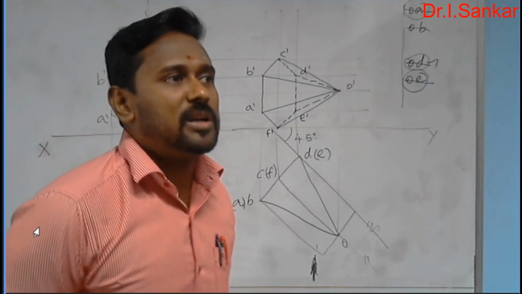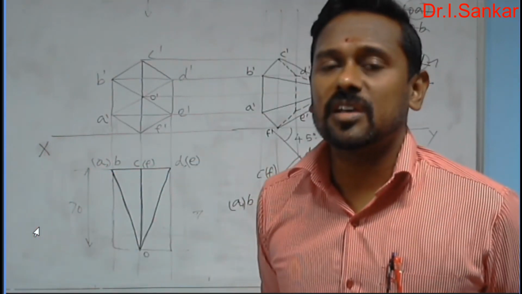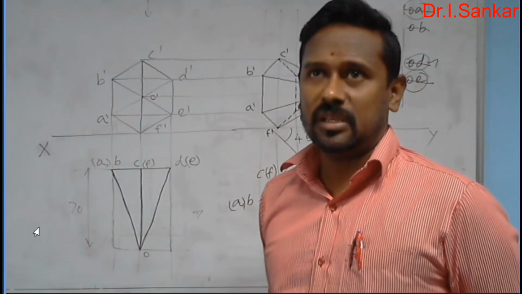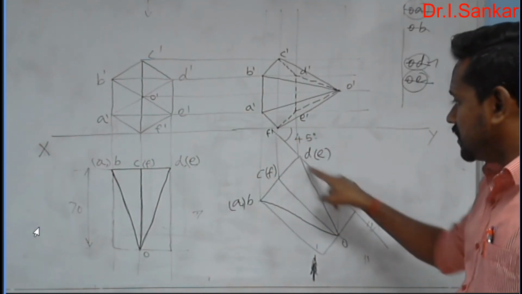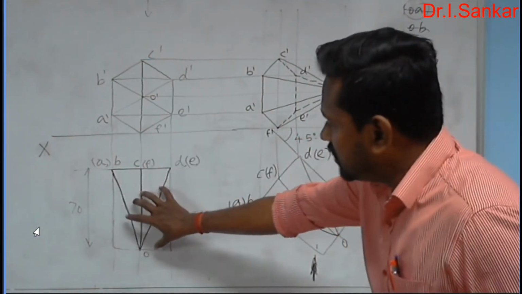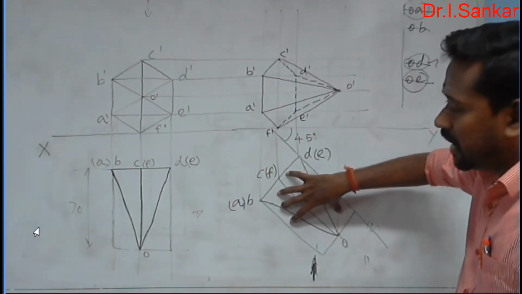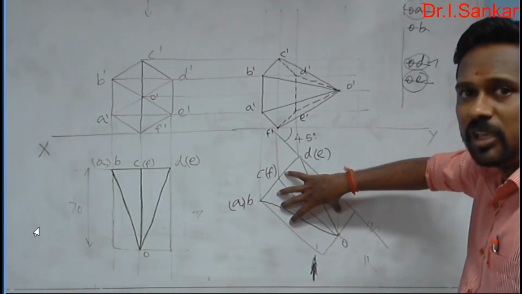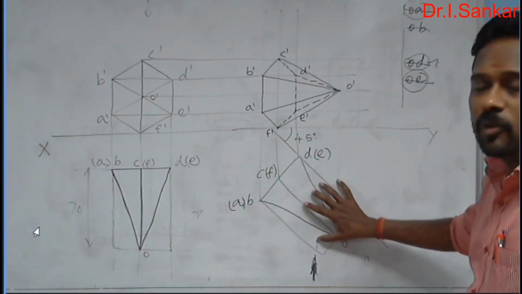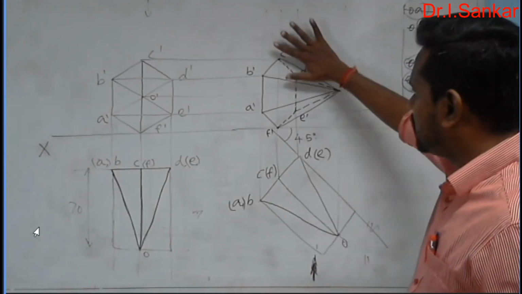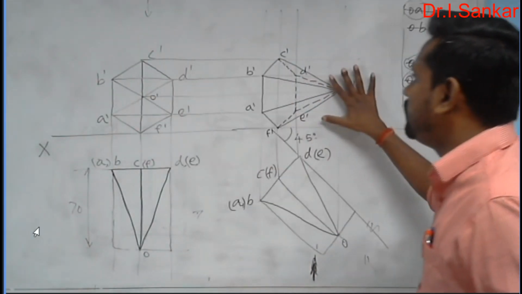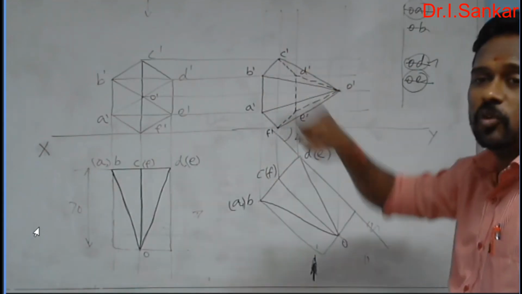Thereafter we implemented the axis inclination of the solid with respect to VP, and here it is given as 45 degree to VP. So by drawing a pilot line and then redrawing the lateral view in the different alignment with respect to VP, we can draw the final top view. From that, by projecting the projectors from the current top view and the previous front view, you can draw the final front view of the solid.